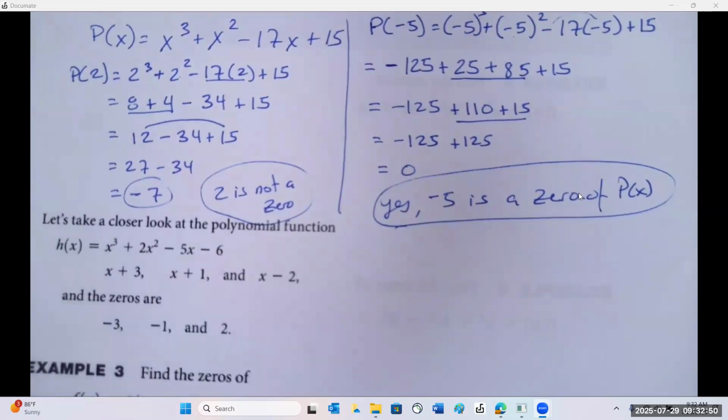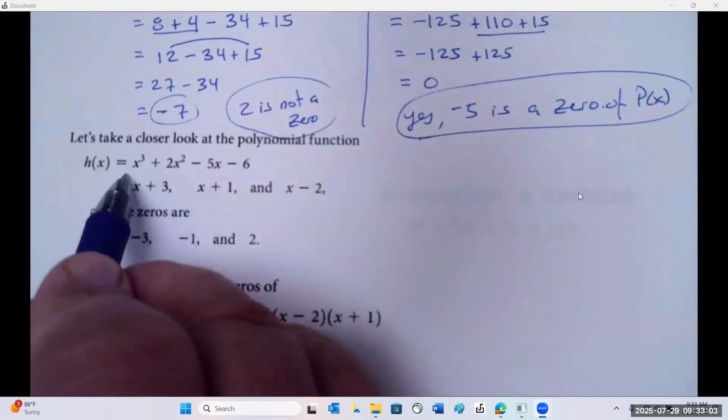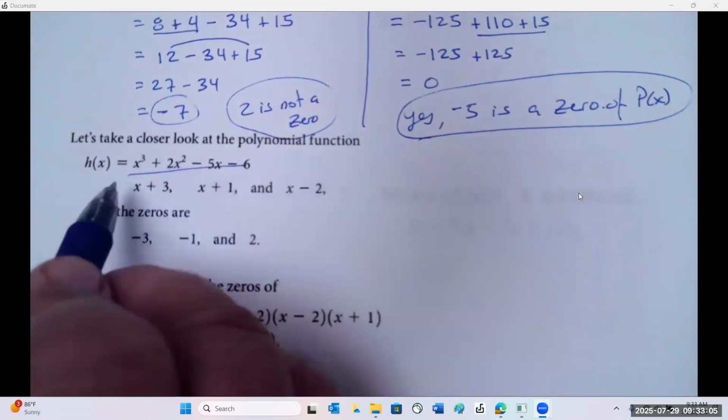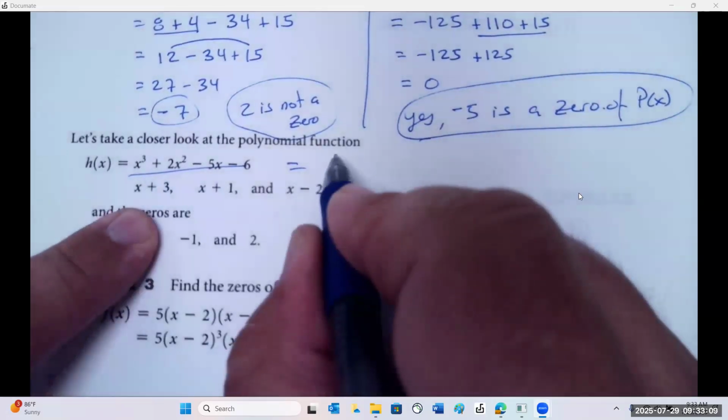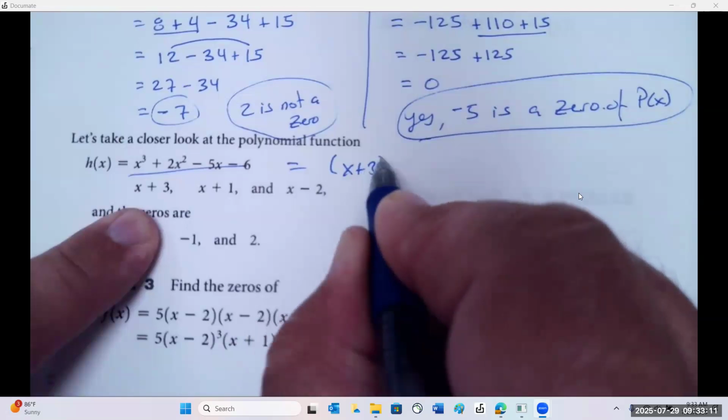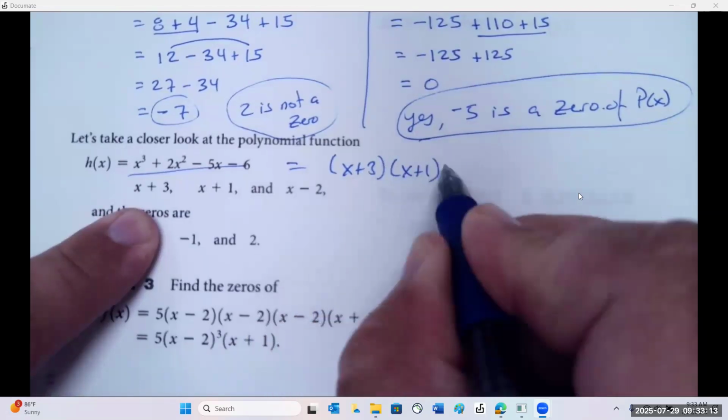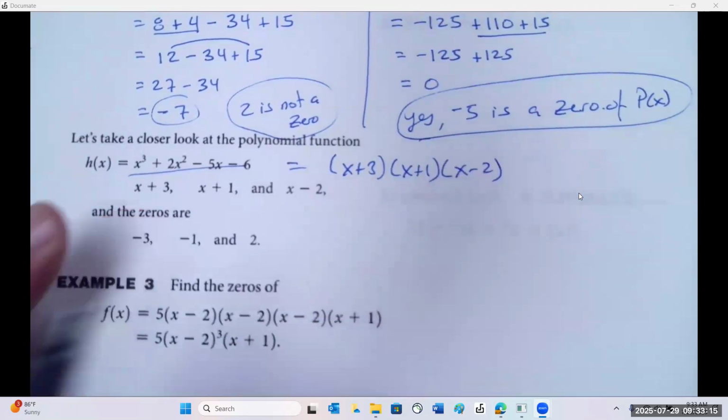So the question is, where do zeros come from? We have a polynomial. The first thing we do, we factor it out. So this polynomial factors into x plus 3, x plus 1, x minus 2. Those are the factors.